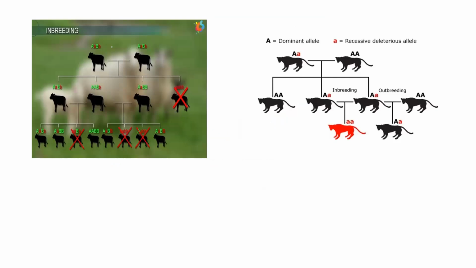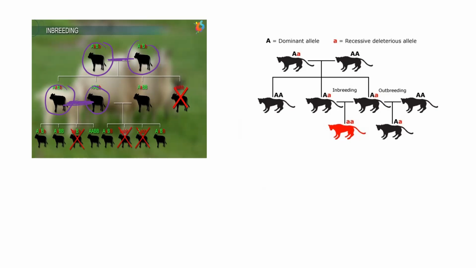Here is the diagram of inbreeding. These are the parents, and these are the offspring. There is mating between related individuals with the same ancestors.